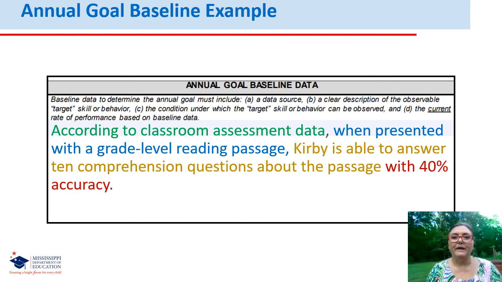There's your criteria. So notice that we're looking at classroom assessment data, Kirby's reading, answering questions, and we can measure that. So keep in mind that our baseline is what our student can do currently, and it's something that we're probably already keeping data on.